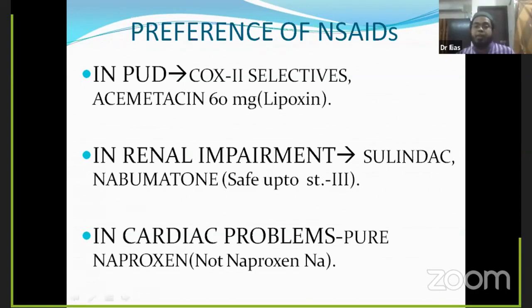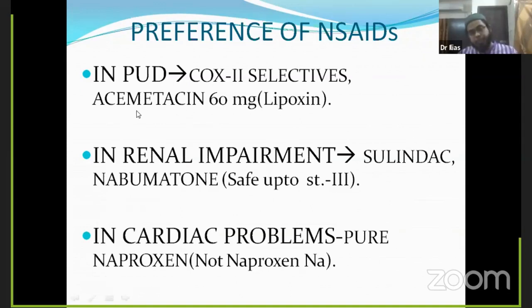We must have a preference in selecting the NSAIDs. You know from the background knowledge of pharmacology, COX-2 selective NSAIDs are far safer for peptic ulcer disease. These COX-2 selective NSAIDs are valdecoxib, celecoxib, rofecoxib, etoricoxib. In Bangladesh, etoricoxib is available, but the rest of the coxibs are not available.